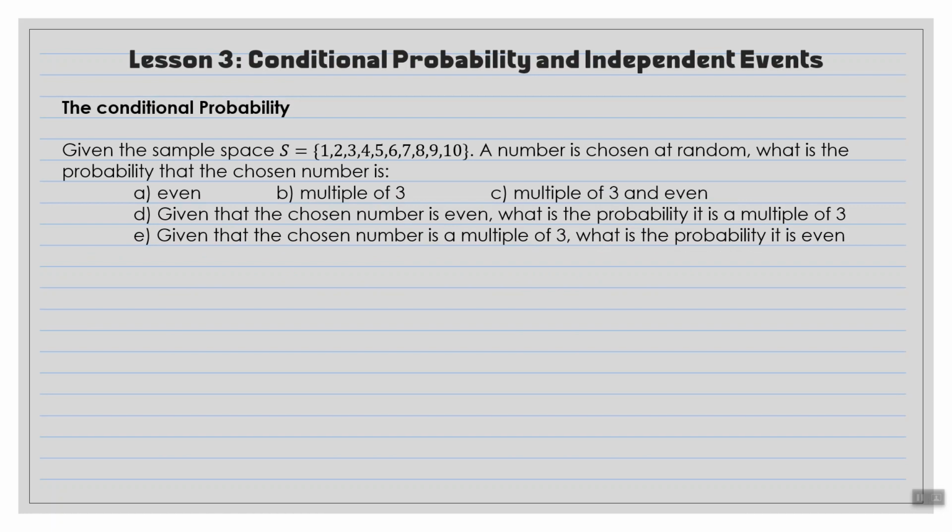Given the sample space S contains the numbers from 1 to 10: 1, 2, 3, 4, 5, 6, 7, 8, 9, 10. A number is chosen at random. So we chose a number at random.